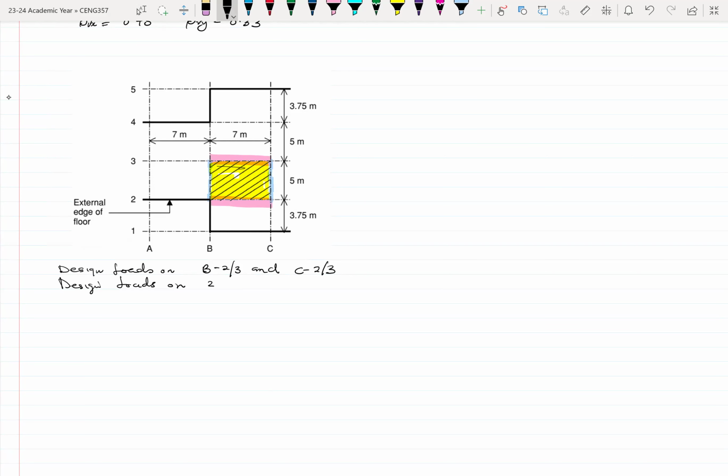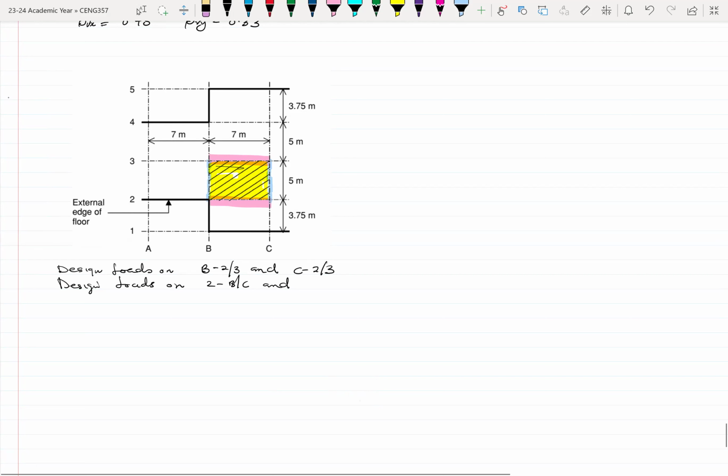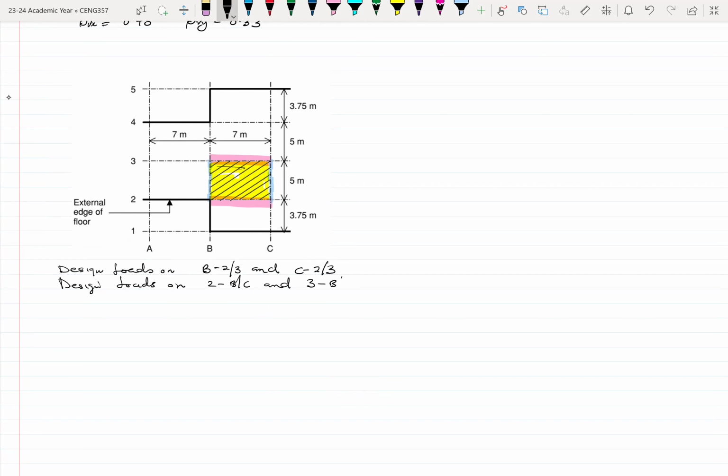So like I said, beams on 2BC and then 3BC. All right. So the beam that is perpendicular to your short span becomes the Vx. All right. So let me quickly do that.